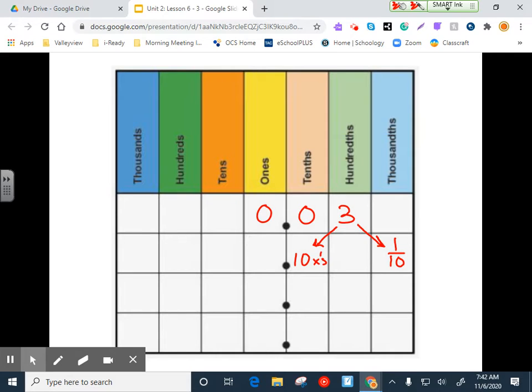So they want us to show a number that is 10 times as big. Well, there it is. That's 3/10. They want us to show a number that is 1/10 of 300ths, and that would give us 3,000ths. So again, moving your numbers to the right makes it smaller, move it to the left makes it bigger, again by multiples of 10.